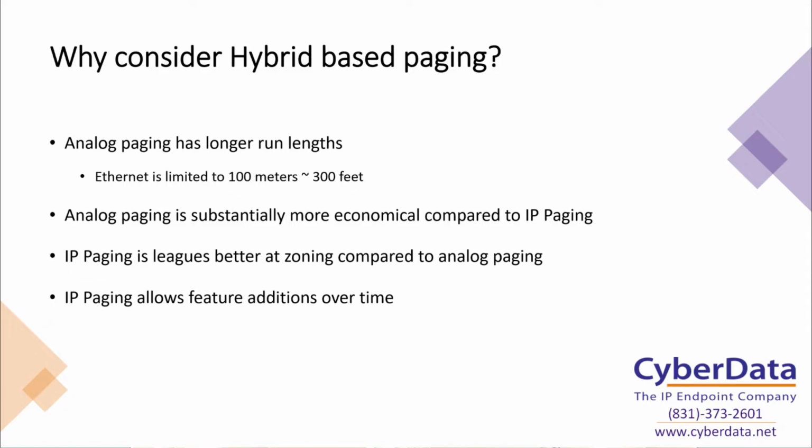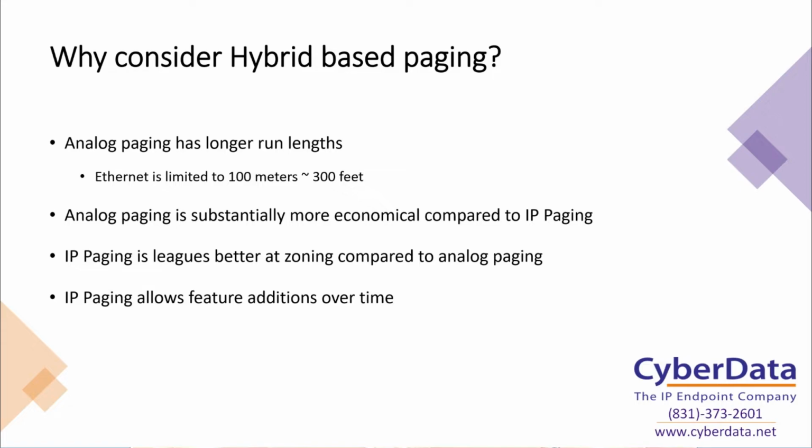And because of that, analog paging is just going to be substantially more economical when you compare it to IP-based paging. But IP-based paging is leagues better when you're dealing with zoning, just because of each individual device, depending on the suite that you're using to get the notification out to the individual endpoint, say if it's something like regular multicast or SIP-based paging, or even an emergency notification software suite such as InformaCast or Synapse Revolution.